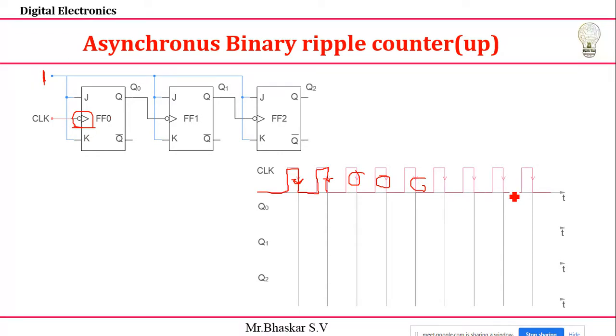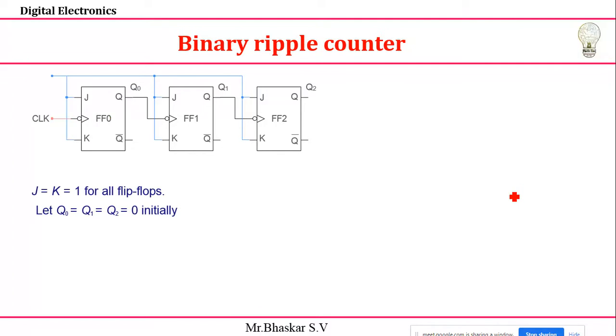After that, let's move on to the analysis. Before going to that, initially I'm going to consider all my flip-flop initial values as 0. Flip-flop 0 value is 0, this is also 0, this is also 0.